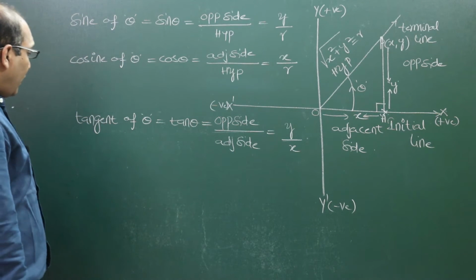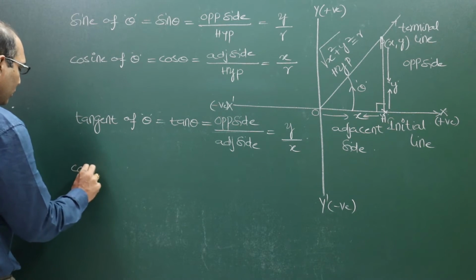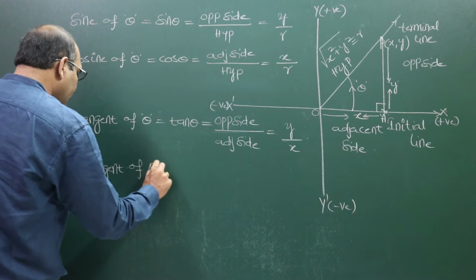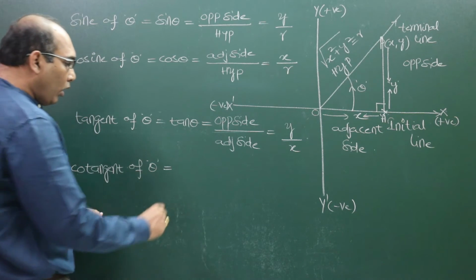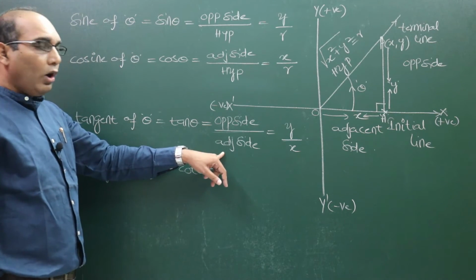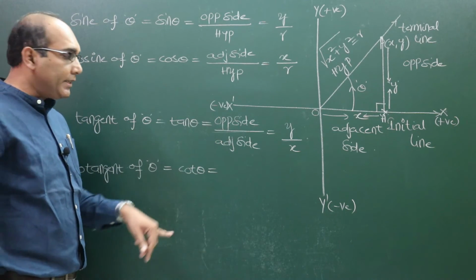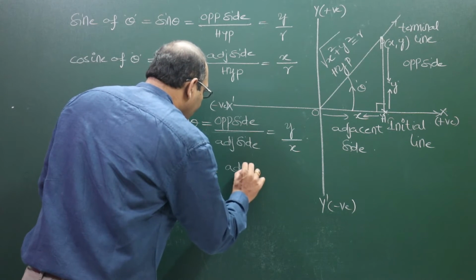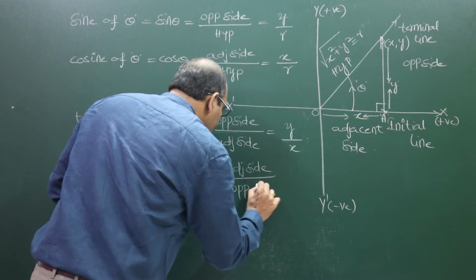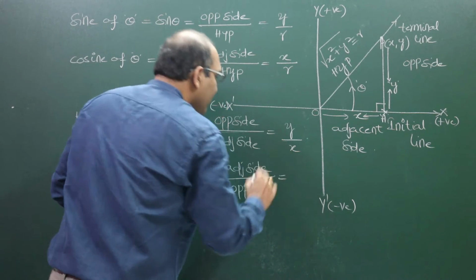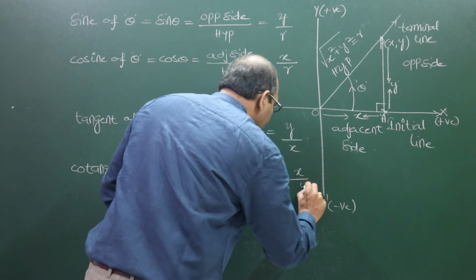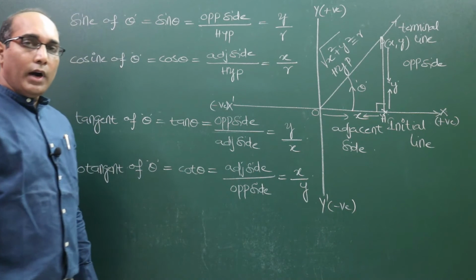Now, next one, cotangent of theta. Simply, cot theta is defined as the reciprocal of tan theta, that is adjacent side by opposite side, that is x by y.